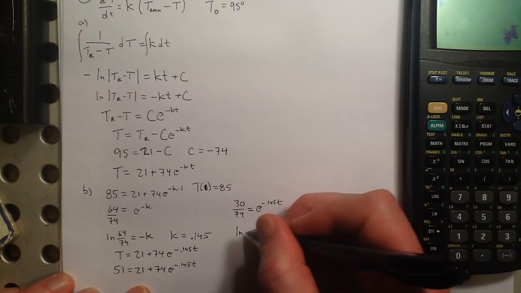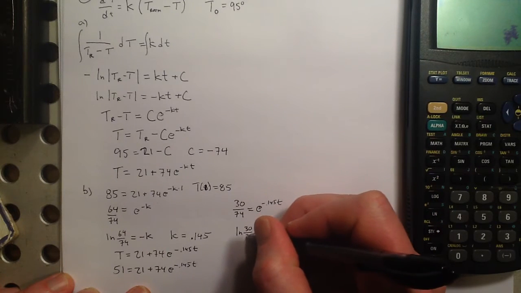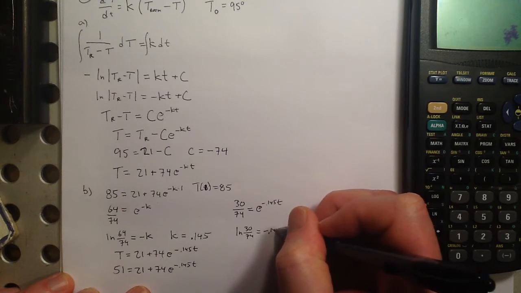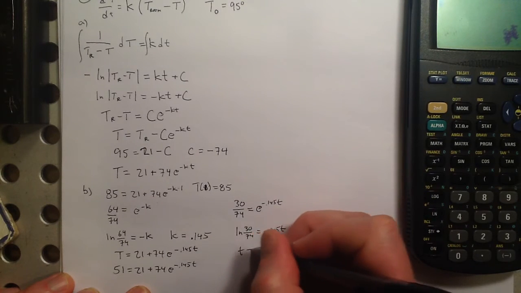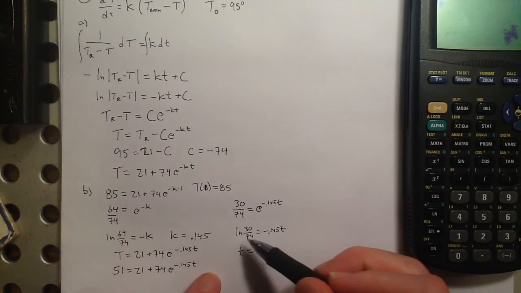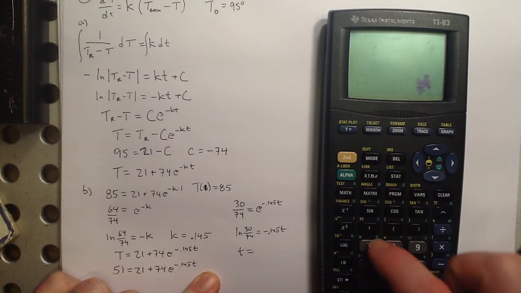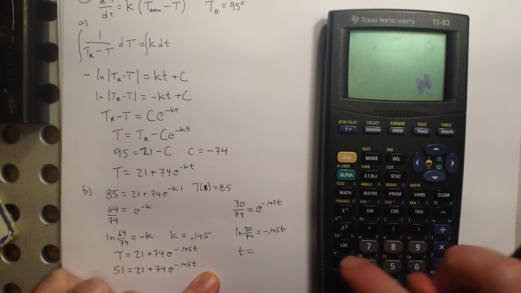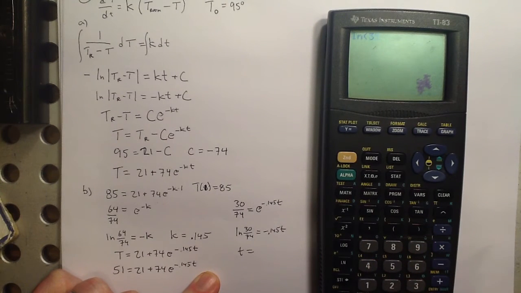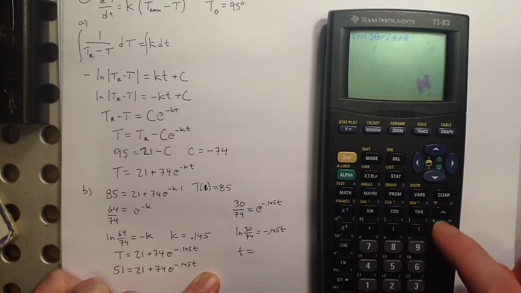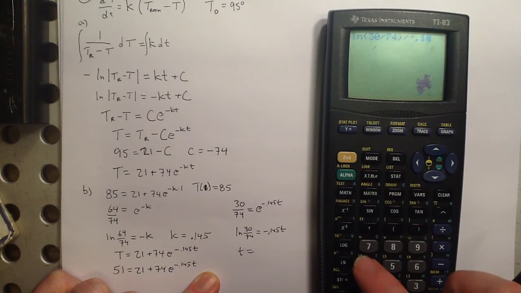So the natural log of 30 over 74 is equal to negative 0.145 t. So t is equal to that divided by that. So let's see, it's the natural log of 30 over 74 divided by negative 0.145.